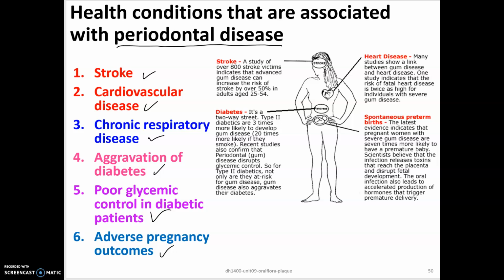So a stroke, cardiovascular disease, chronic respiratory disease, the aggravation of diabetes if you were to have it, poor glycemic control in diabetic patients, adverse pregnancy outcomes, these very serious conditions are all linked to periodontal disease through the fact that periodontal disease promotes inflammation. So you can have a look at some of the statistics in these blurbs on the side here, but it just goes to show that periodontal disease can lead to stuff that's much more serious than just a loose tooth or a tooth loss, for example.